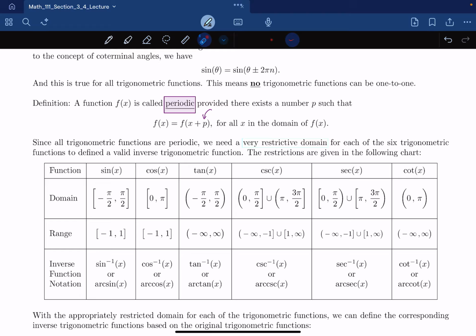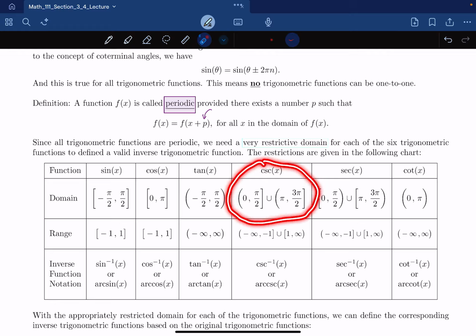I should not use the word range interchangeably here, but we want to pick an interval or a collection, even though these are intervals in cases where the function is one-to-one, but it has all of the possible range of the corresponding function. This choice is almost entirely arbitrary, almost in the sense that the one we choose here in the table is the best one, makes the sign easier, makes the number a little bit easier.